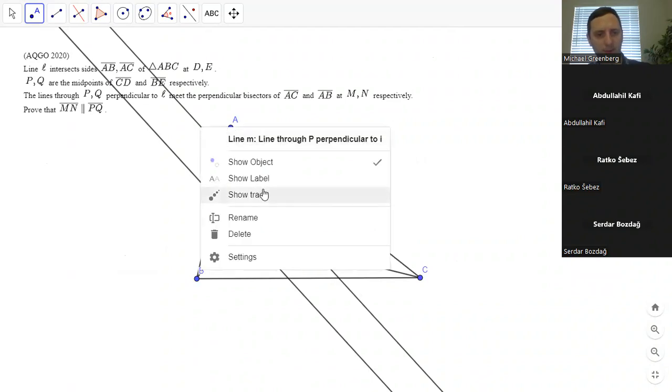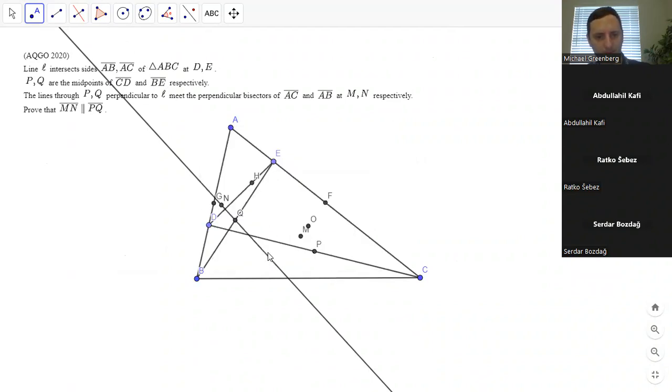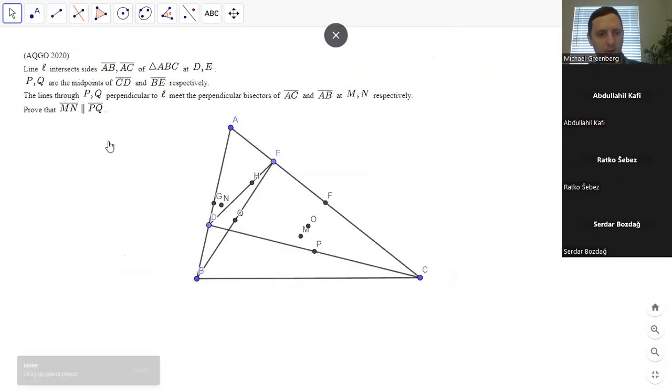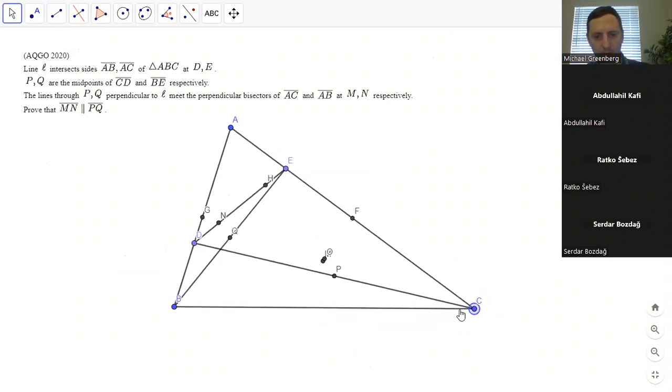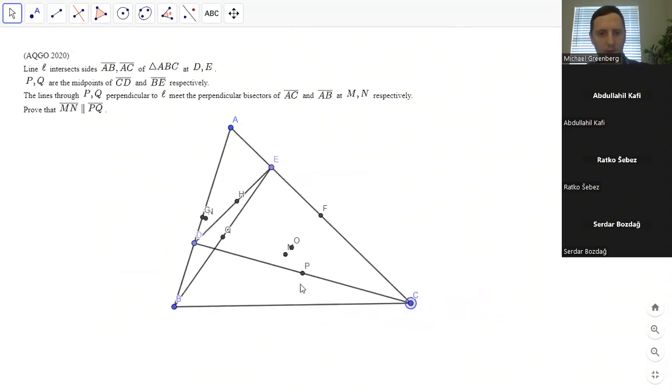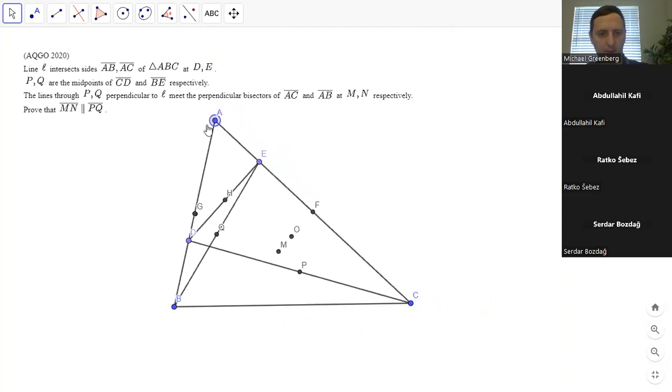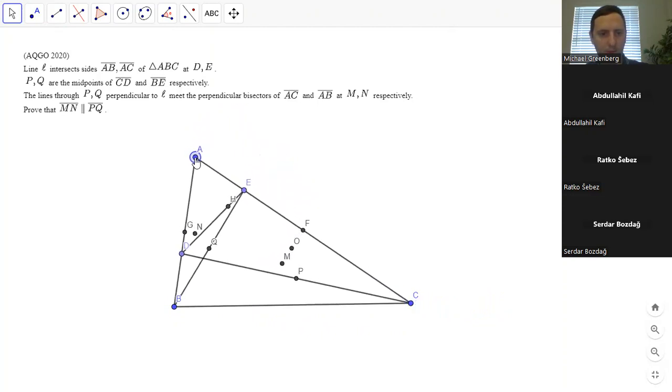Okay. Let's expand this a little bit. N and G are a little close together, so let's first draw the lines.